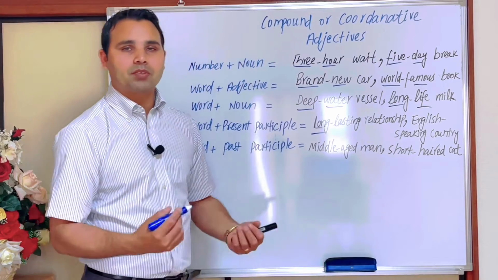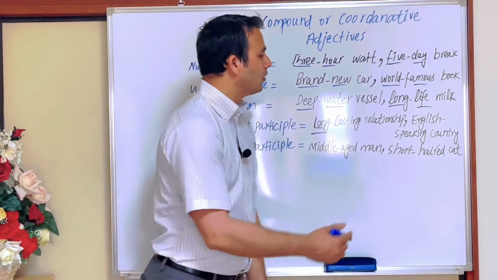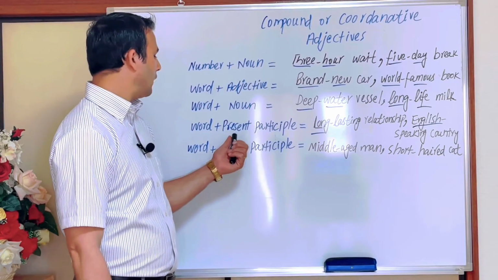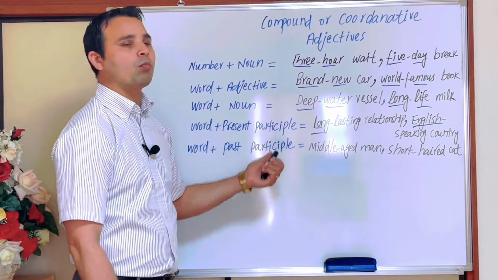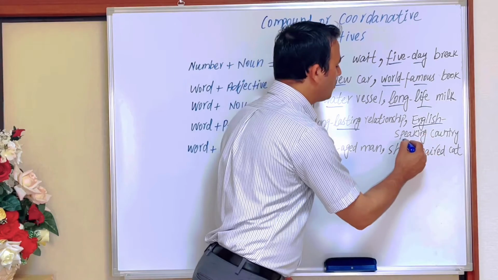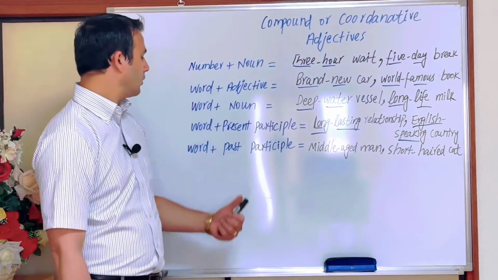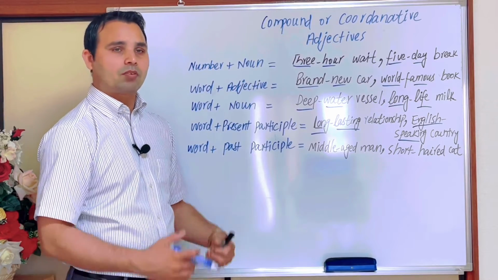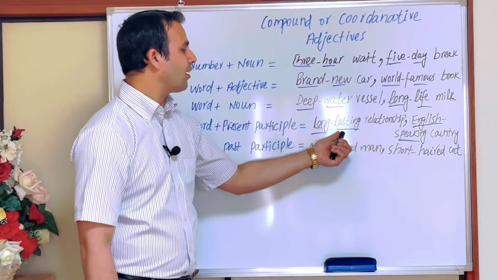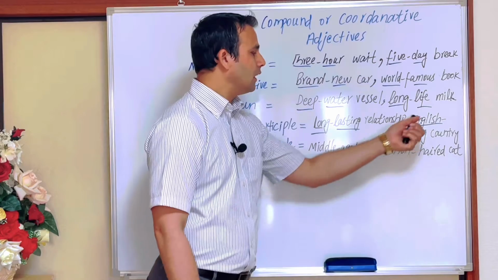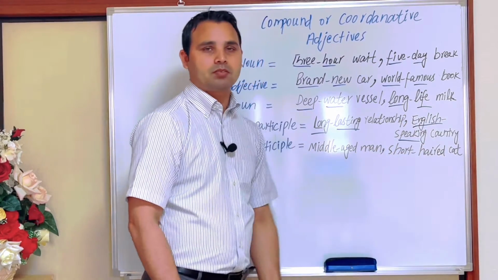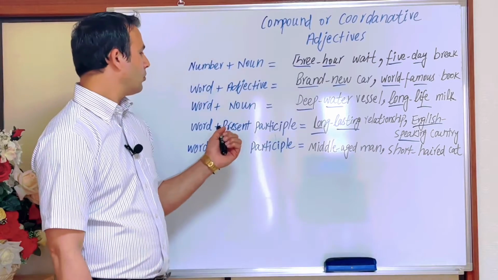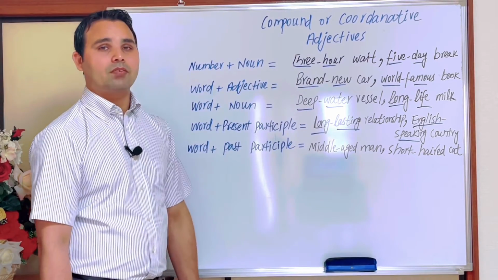Long is a word, English is a word, but when we add present participle form, lasting, speaking, we can make compound or coordinative adjectives. So the word will be long lasting relationship, English speaking country. So this is how we can make compound or coordinative adjectives.